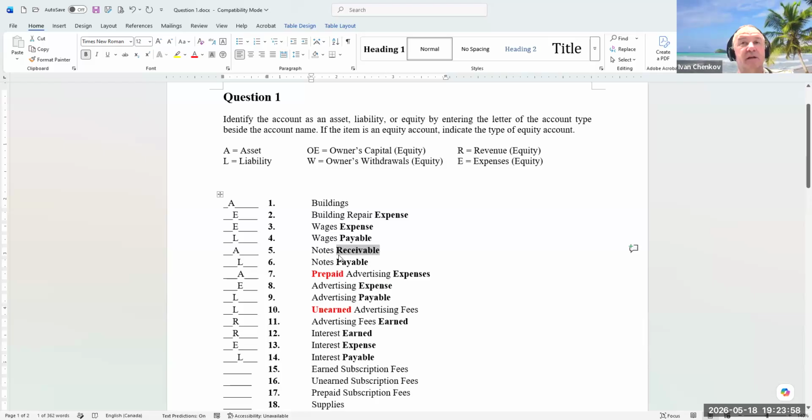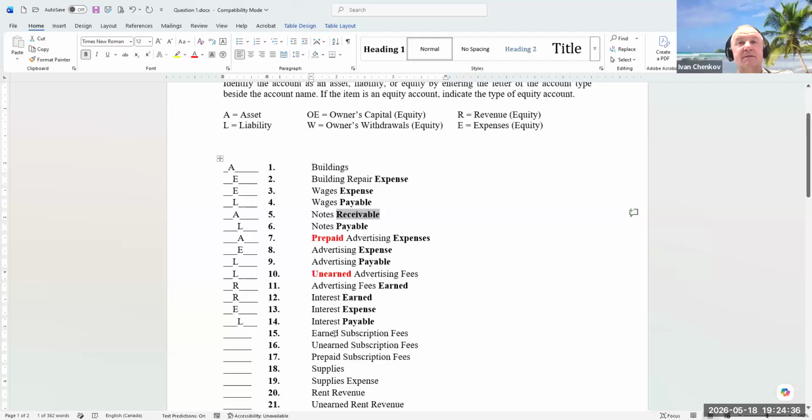But if I put interest receivable, then it's an asset. Make sense? So we have interest earned revenue, interest expense, the opposite of revenue, interest payable liability, the opposite of the liability, interest receivable. Remember, receivable and payable are always opposite. Receivable is asset, payable is liability. Earned is revenue, expense is expenses.